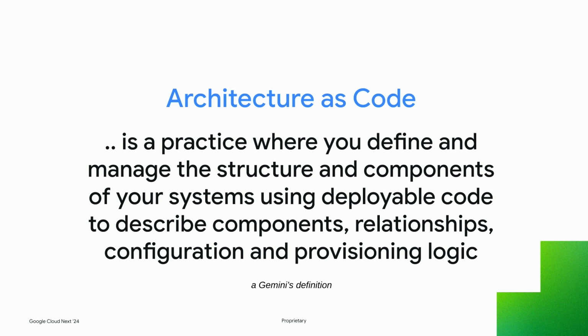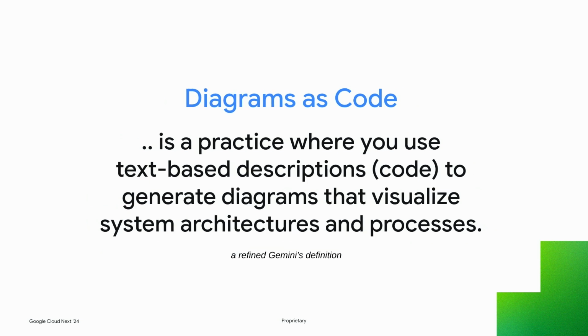There are some tools in this area that are giving a try at this concept. And then you have diagrams as code, a somewhat overlooked practice. Diagrams as code is a formal way to represent diagrams by means of code, and this could be a first step in this architecture as code thing.